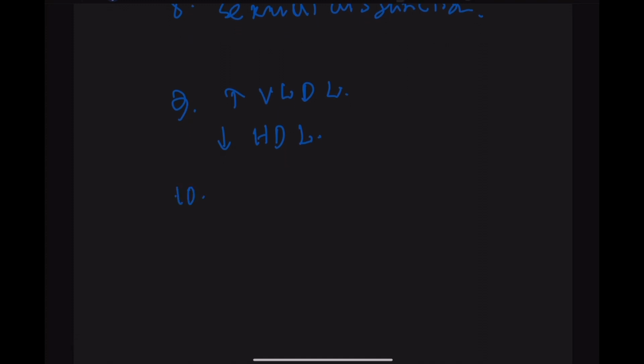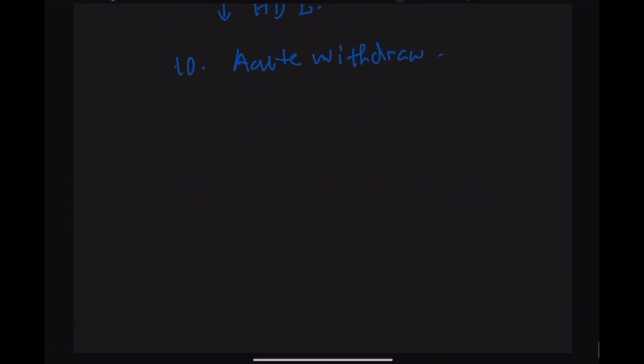And acute withdrawal: if a person is chronically using the beta adrenergic antagonist and suddenly withdraws the drug, he can suffer from tachycardia, even ischemic heart disease.